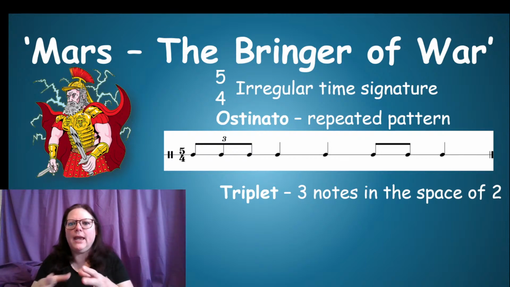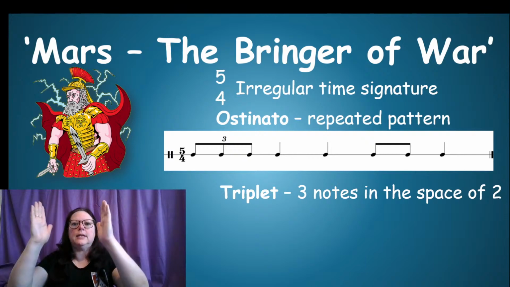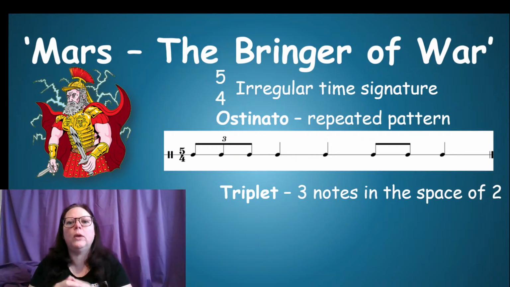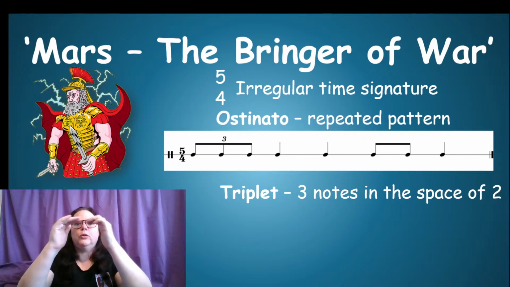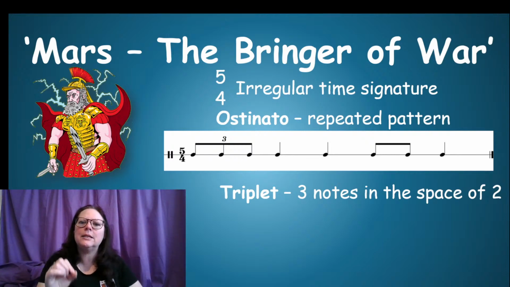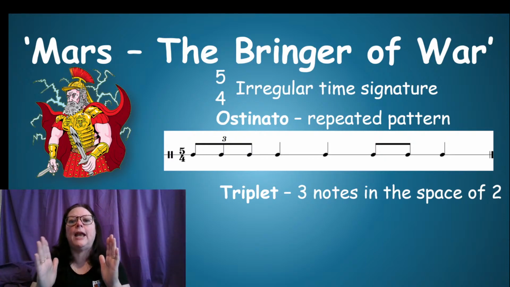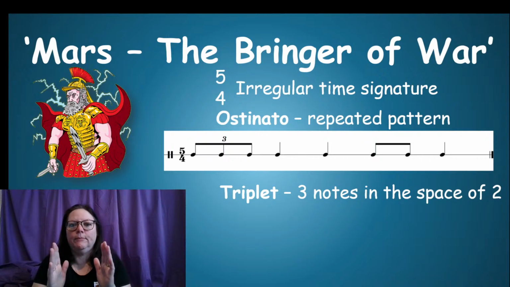So what we've got here are quavers, and later on in the bar you've got 2 quavers next to each other with their tails joined together, and that's how we would normally see quavers. That's how we're used to reading them. But at the beginning of the bar we've got 3 quavers joined together, with a number 3 over the top, and that's telling us that where we would normally have 2 quavers, we've actually got 3.